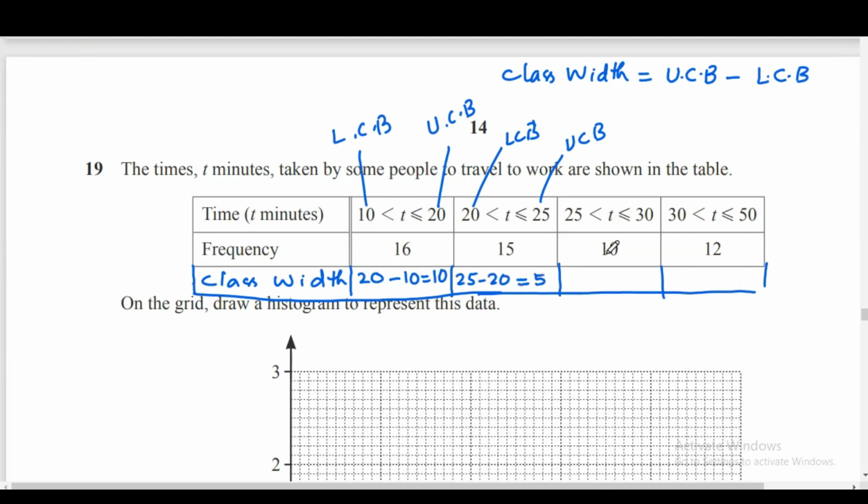In the second last class, the class width will be 30 minus 25, which is 5 again. And the class width of the last class is 50 minus 30, which is 20.